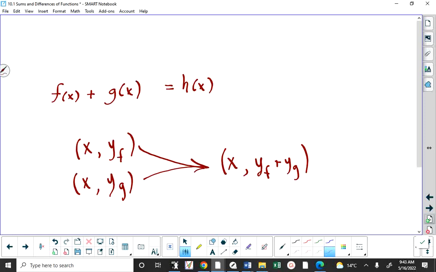So this represents a point on h, this represents a point on f, and this represents a point on g. It's the y coordinates that we're playing around with here.